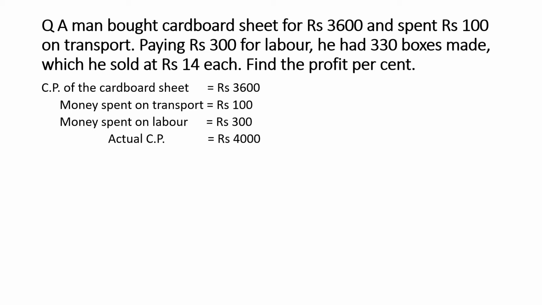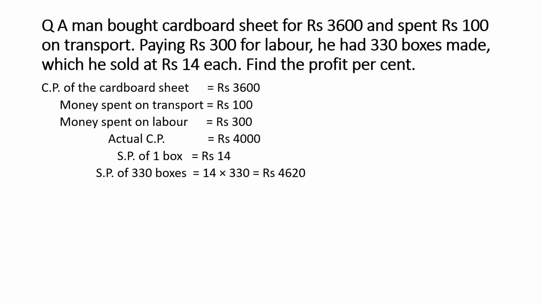So from that cardboard sheet he had made 330 boxes, and the selling price of one box is given to us. So we can find out the selling price of 330 boxes: 14 into 330, that is rupees 4620. His overall expenses, including labor, the cost price of the sheet and the transport, is rupees 4000.